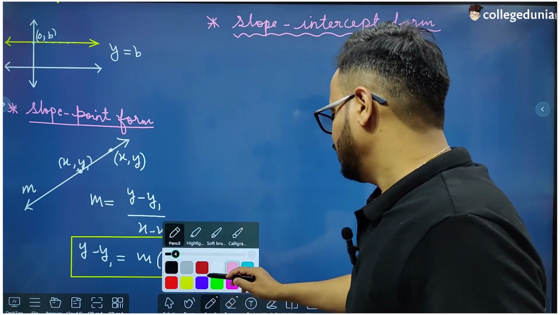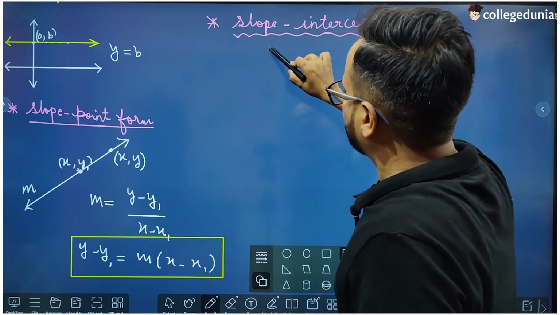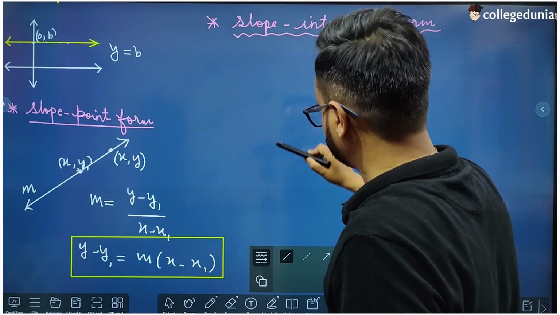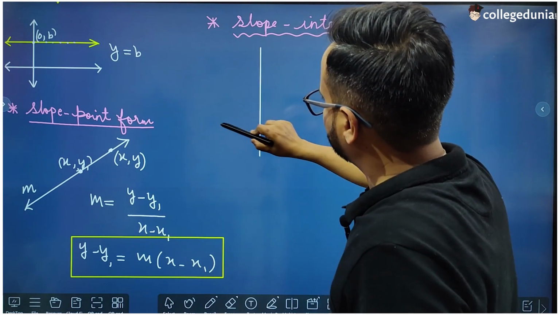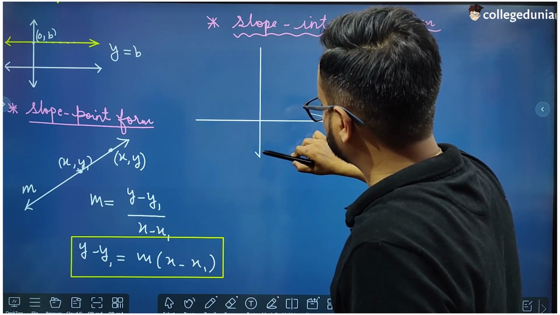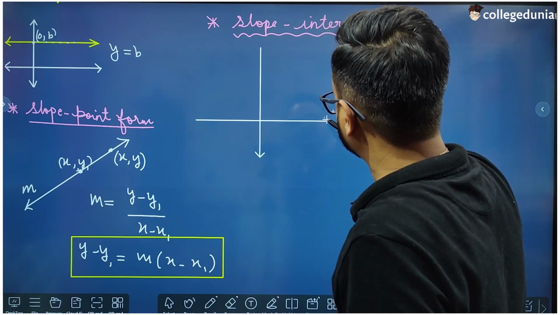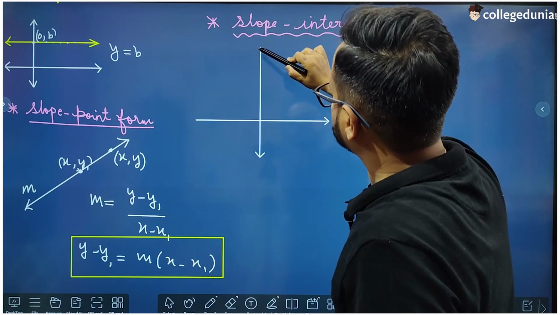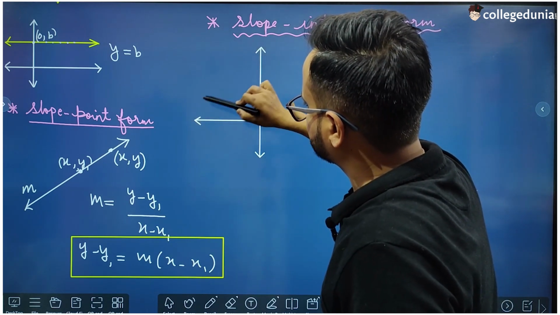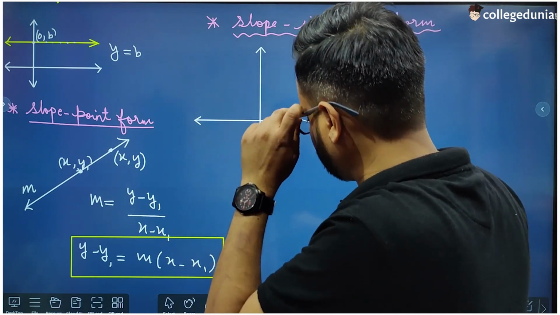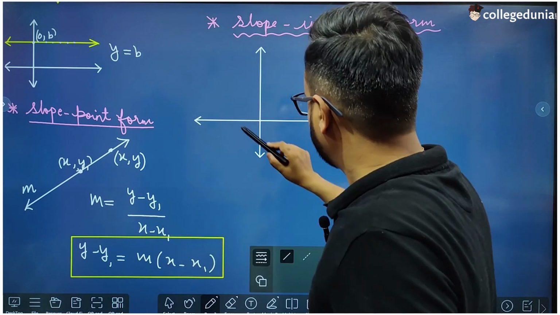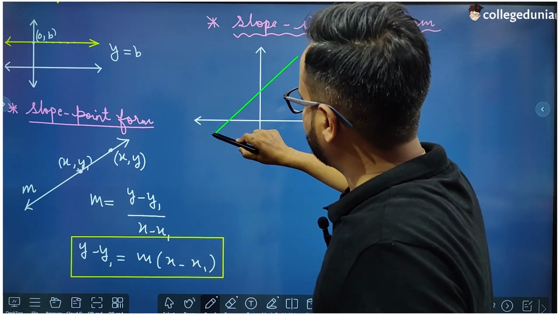What is intercept? This is the y-axis, this is the x-axis, and let us say this is the line, right?